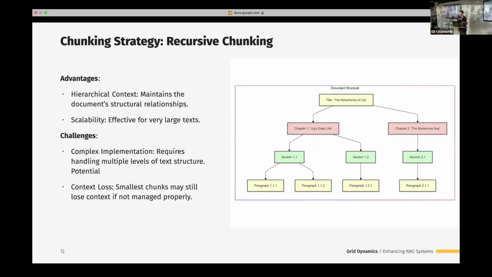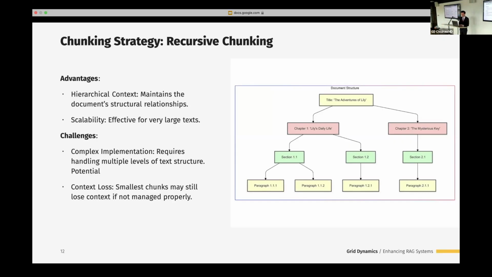This means we have one big chunk for the whole book, then one big chunk for chapter 1, then one for section 1, and one for paragraph 1. What does this help with? It helps retain the context and the structural relationship between these parts. So we can find the right chapter and the right subsection that respond to our question, and this can lead to our model responding better because it understands all the context.